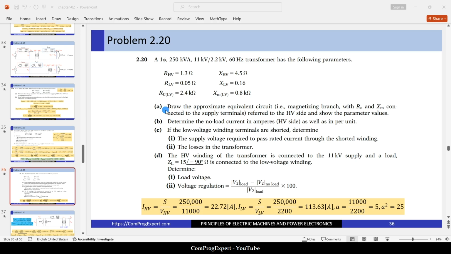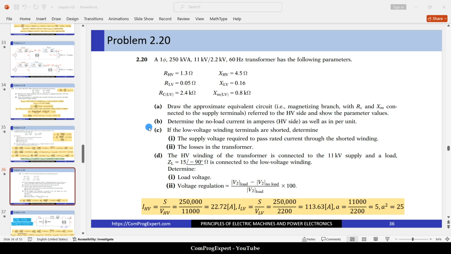Part A, draw the approximate equivalent circuit with magnetizing branch with RC, XM connected to the supply terminals referred to the high voltage side and show the parameter values.